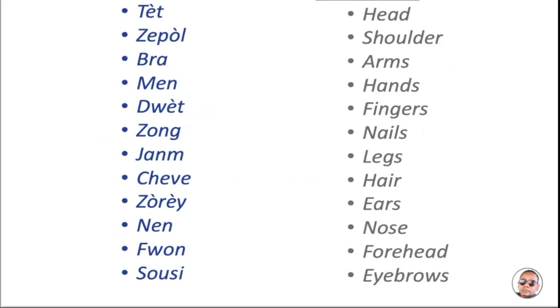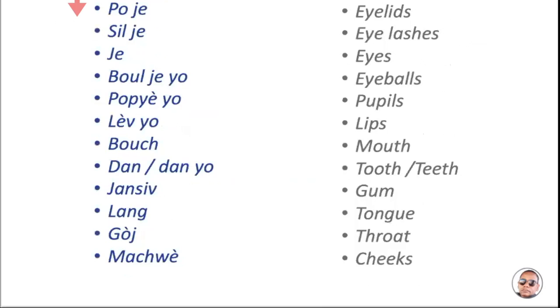Cheveux, hair. Oreilles, ears. Neck, nose. Front, forehead. Sourcils, eyebrows. Poger, eyelids. Cils, eyelashes. G, eyes. Bouger, eyeballs. Paupières, pupils.